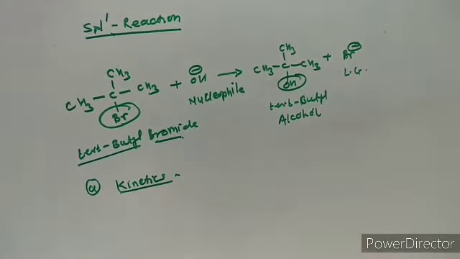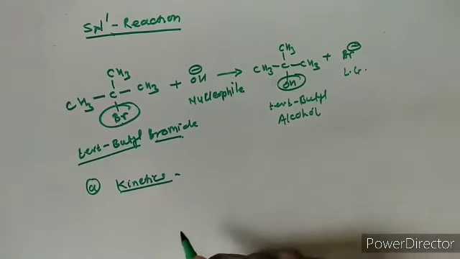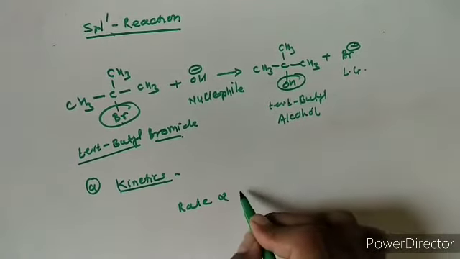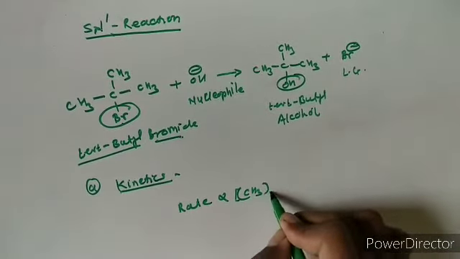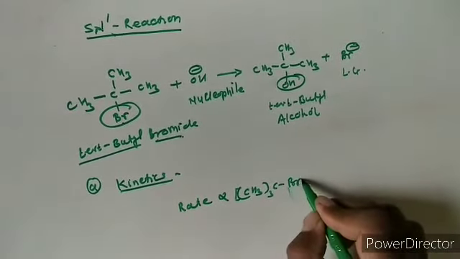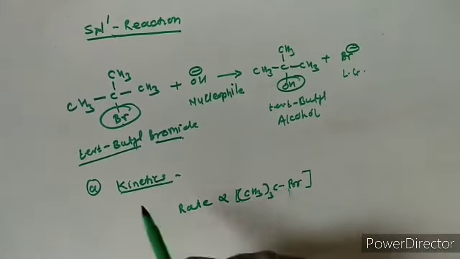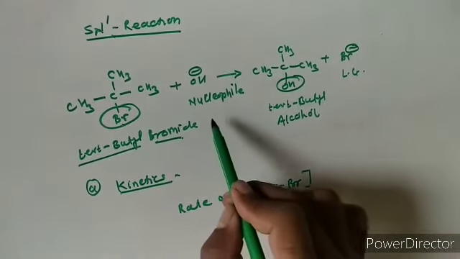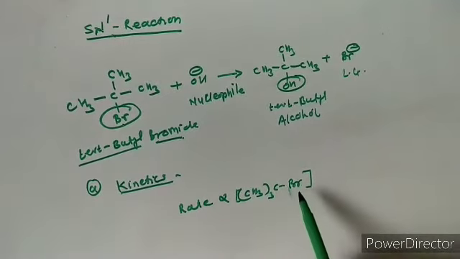When we study the kinetics of this SN1 reaction, we find that the rate of this reaction is directly proportional to the concentration of tertiary butyl bromide, (CH3)3CBr. So the rate of this reaction depends totally on the concentration of the reactant only. There is no role of the nucleophile in the slow step.